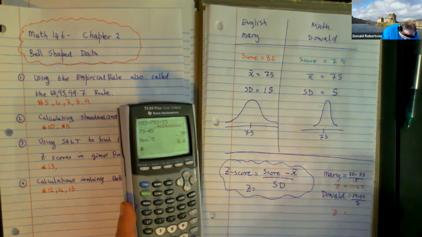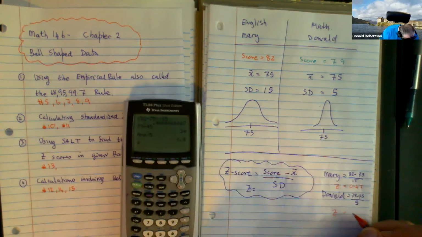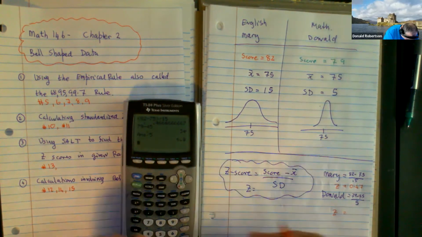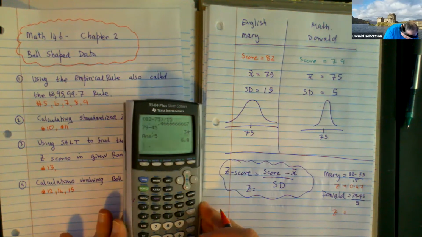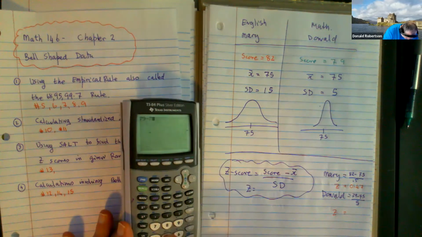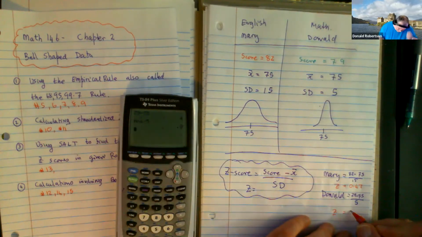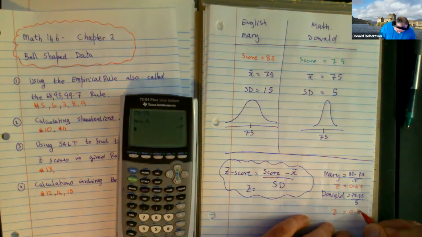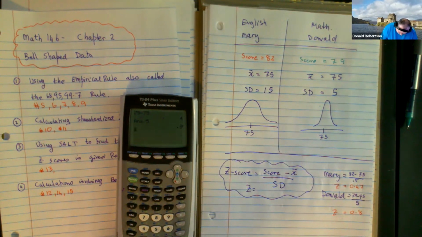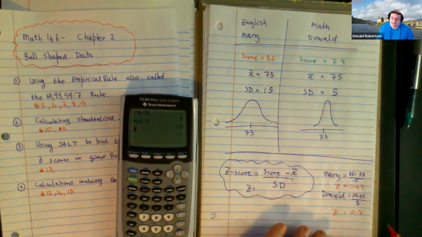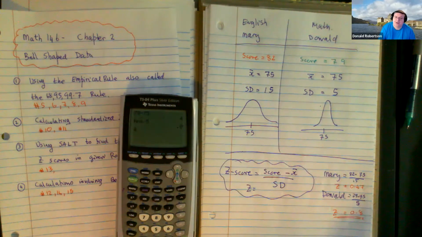And the answer in this case, let's check that, it doesn't look right. 79, take away 75, and then divide that by 5, and I get the answer 0.8. So in fact, Donald did do better than Mary.